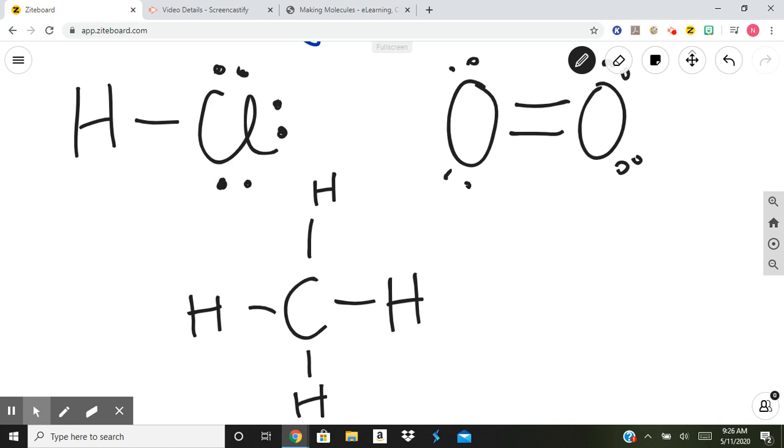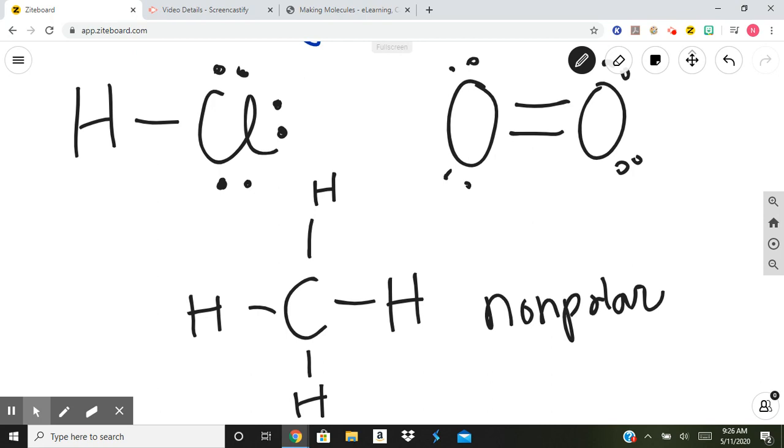It's even because there are no unshared pairs. I could take a mirror and slice it. I could put that mirror anywhere and it would look symmetrical. So this is non-polar. Okay, this is a non-polar molecule. So that's something that you're going to practice today too.